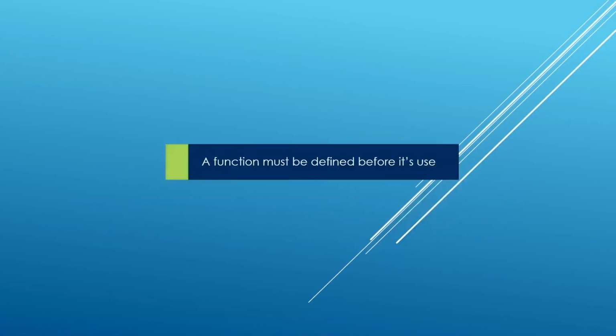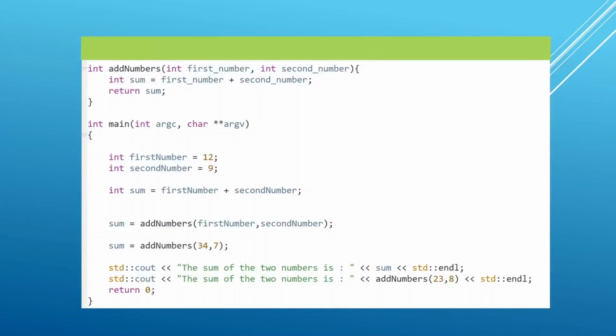A function must be defined before it's used, so you can't really call a function you haven't defined first in your C++ program. And here is a slightly complete program to really put all these ideas together. We have our function to add numbers. It takes two numbers, first number and second number. It's going to add them up and store the result, and we're going to return sum to be used by whoever called this function.